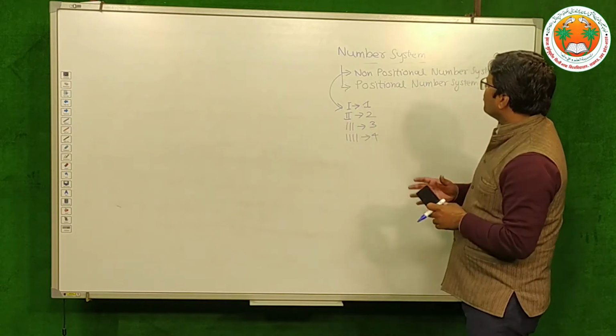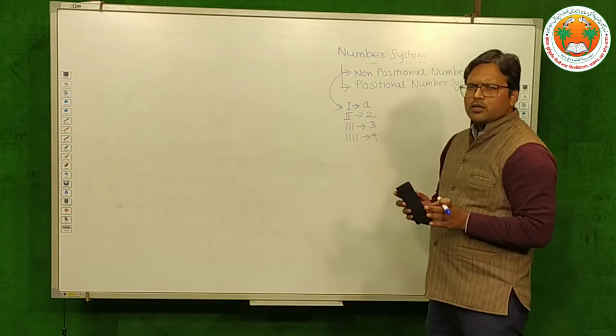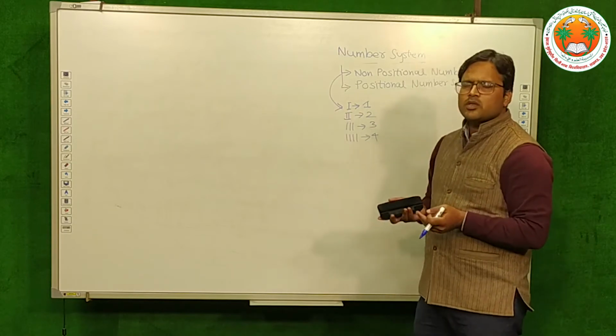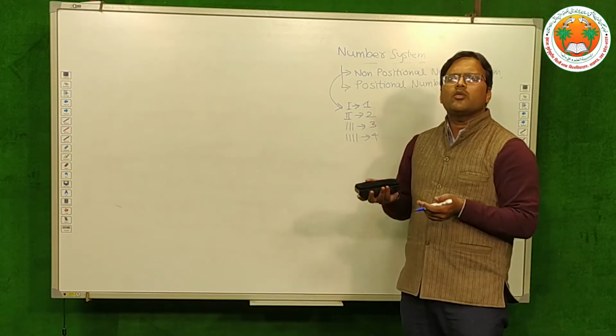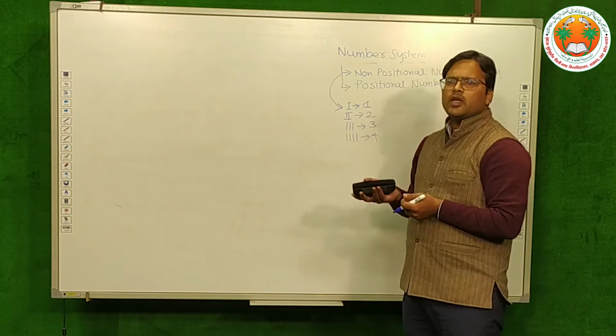After that we have the positional number system, and the most frequently used positional number system is the decimal number system, and we use this number system in our daily life.